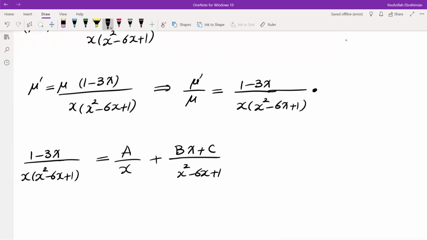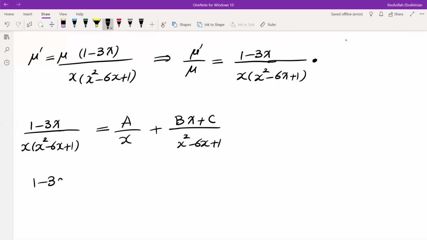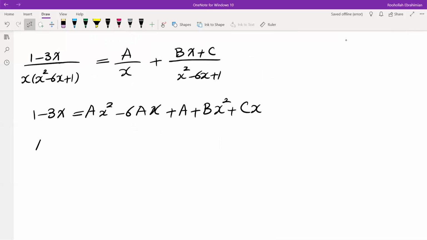So this gives you 1 minus 3x equals a x squared minus 6ax plus a plus bx squared plus cx. So a plus b is equal to 0. That's the coefficient of x squared.